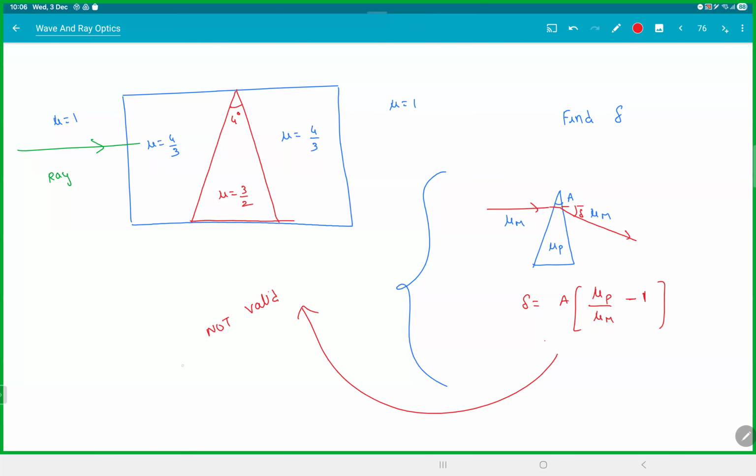Initial ray and final ray are in vacuum, not in the medium. This formula is valid when the ray enters from mu m and leaves to mu m. You have to give me delta upward, delta downward, that also.